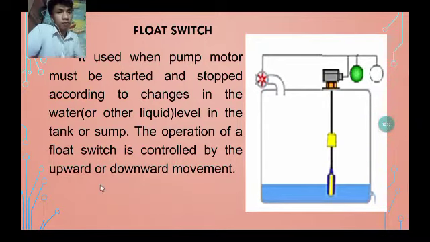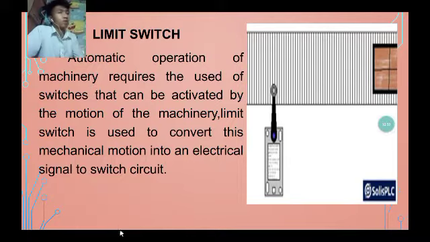So next, limit switch. Automatic operation of machinery requires the use of switches that can be activated by the motion of the machinery. Limit switch is used to convert this mechanical motion into an electrical signal to switch accordingly.